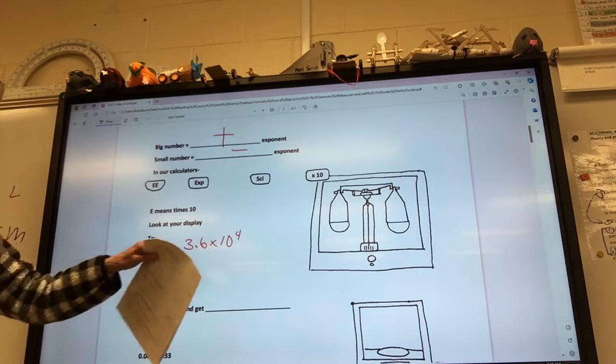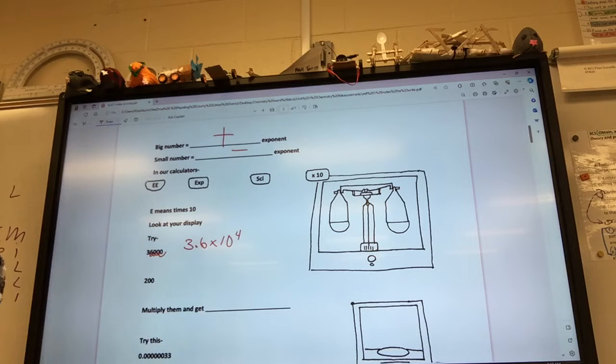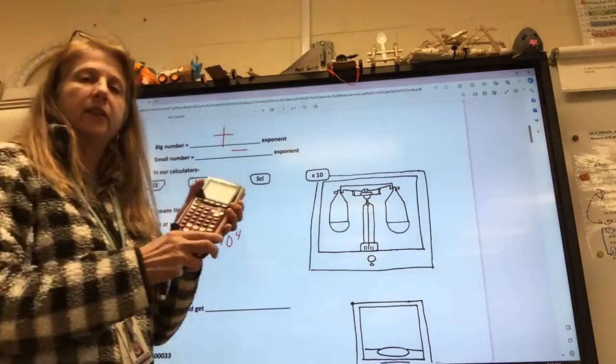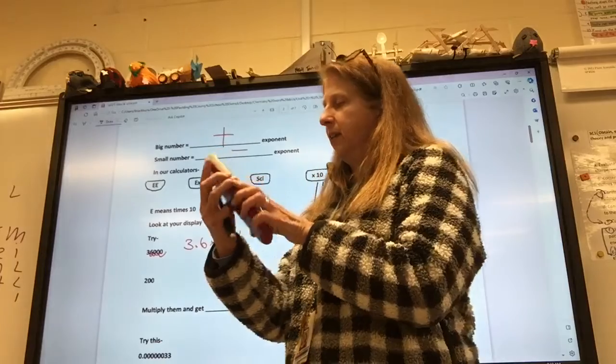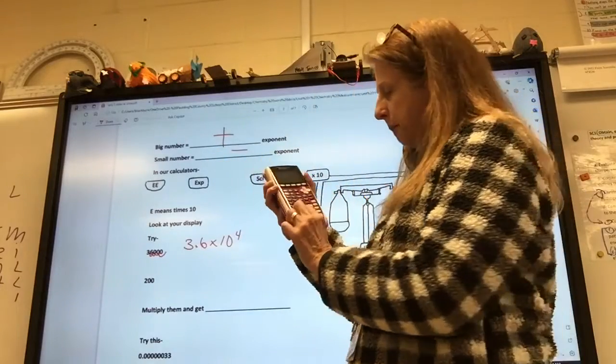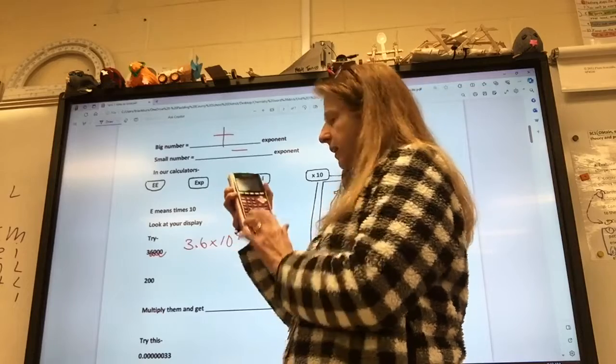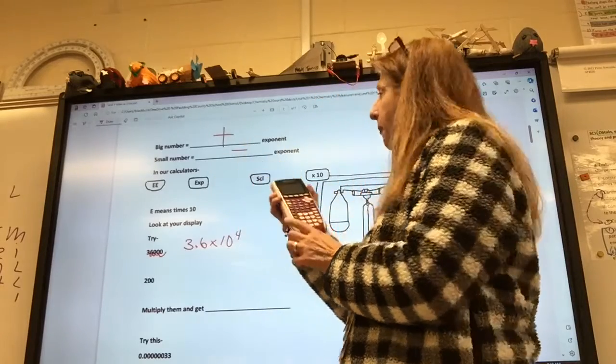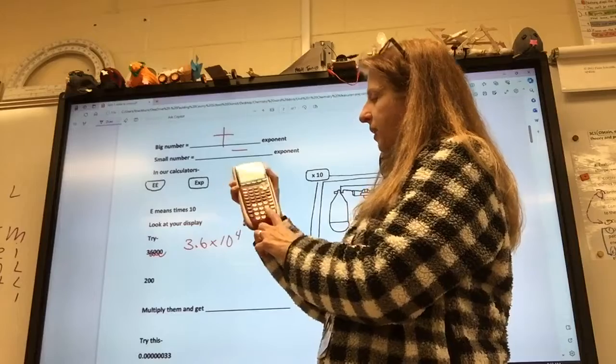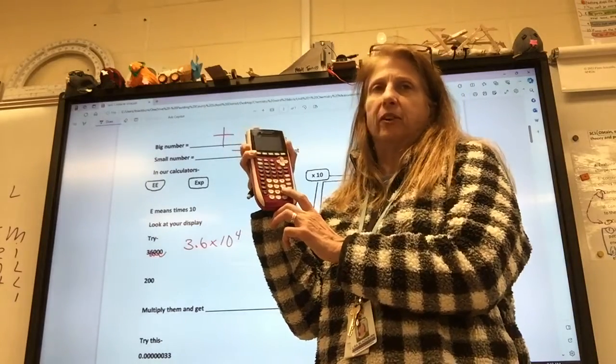So on your calculator, we're going to put this number in. This is the calculator I recommend you get, the TI-84. So you turn it on right down here, and you clear out anything that's in there with the clear button. And I'm going to put in this number on my calculator. If you got your calculator, give it a try.